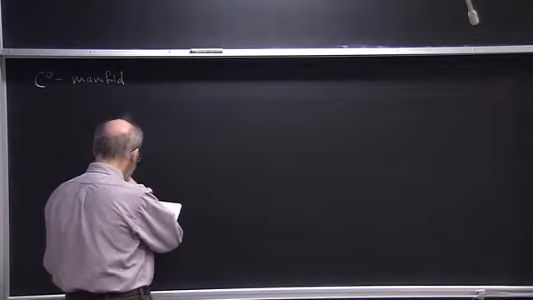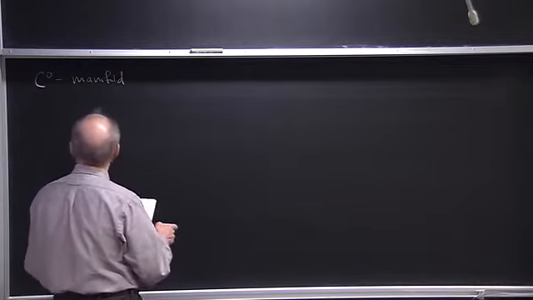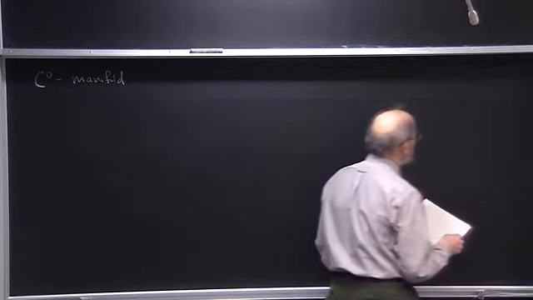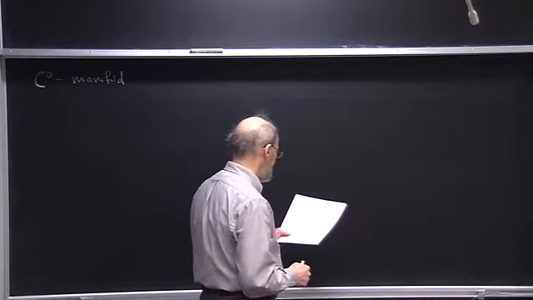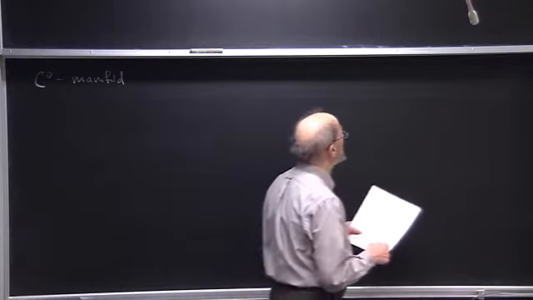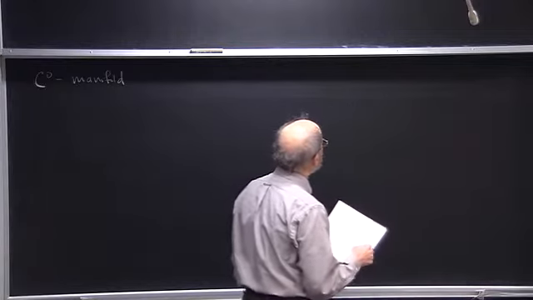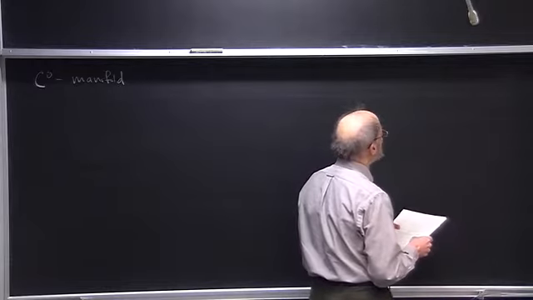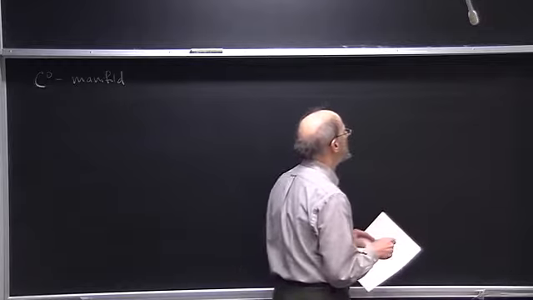Another remark I wanted to make is that another way to define a manifold is as a certain kind of subset of a higher dimensional space. That's very familiar to you if you think in terms of lower dimensional examples.